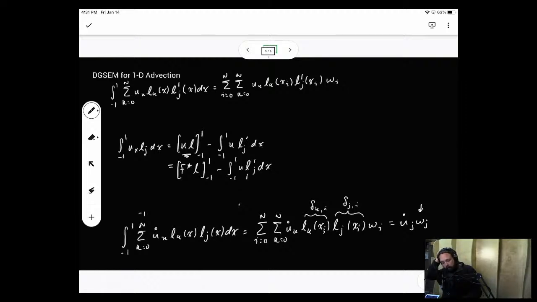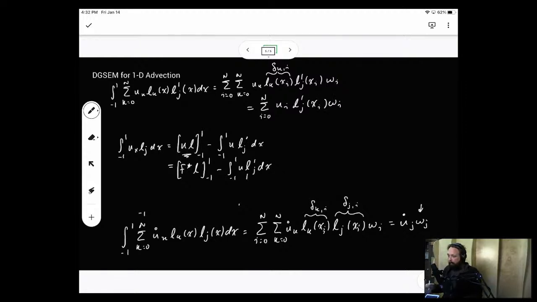Okay, so from here, this term, we have Kronecker delta ki, but on this other term we actually have a derivative of the Lagrange interpolating polynomial, so that doesn't go away. So we still have one summation left. We are able to get rid of one of them, particularly the k equals i sum goes away. So I'm just going to leave this as sum i equals 0 to n. We get ui, because now remember k is i, L prime j xi omega i.